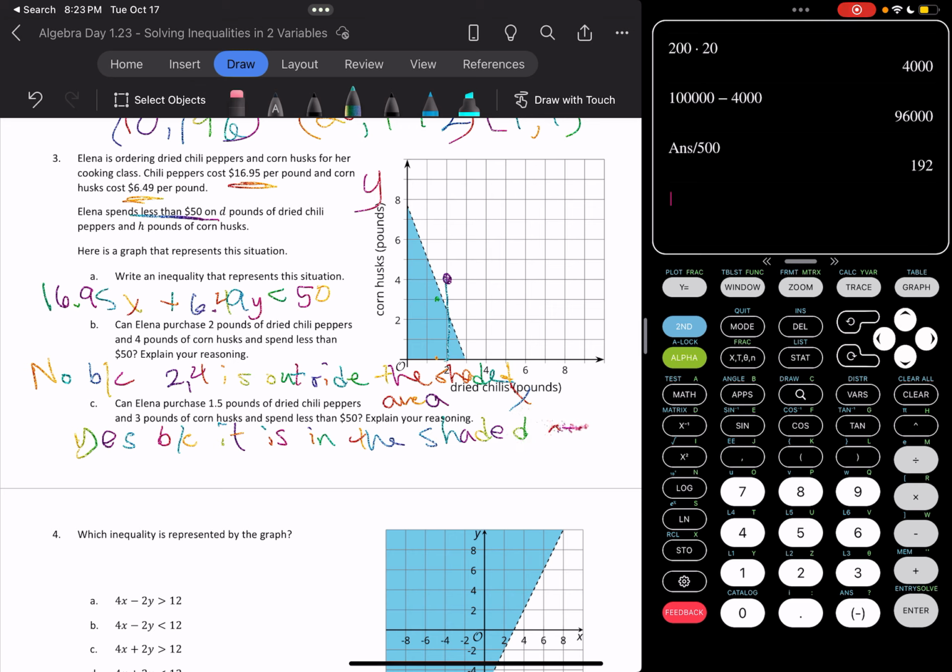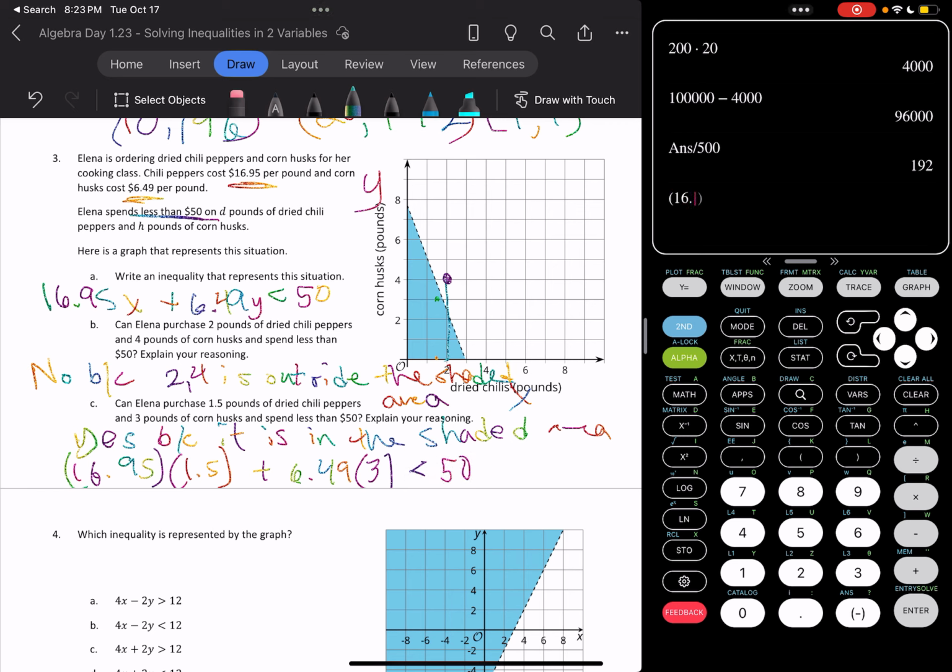Another way that you could prove this is you can go ahead and plug that in. If we had 16, that's not a 6, that's a 9, got ahead of myself. 16.95 times 1.5 plus 6.49 times 3, is that less than 50? Well, let's check that out.